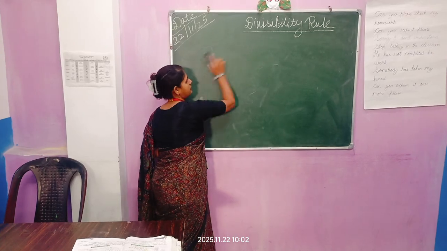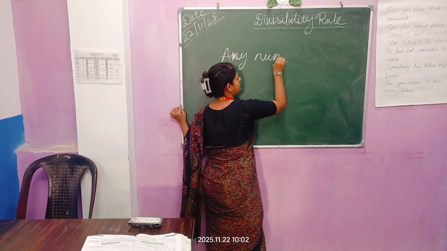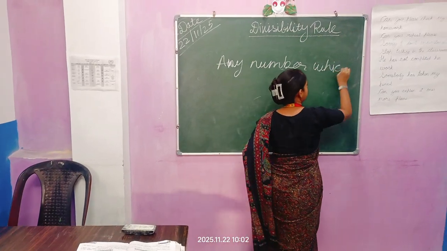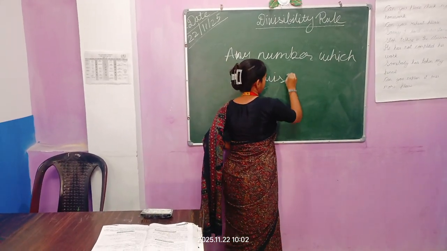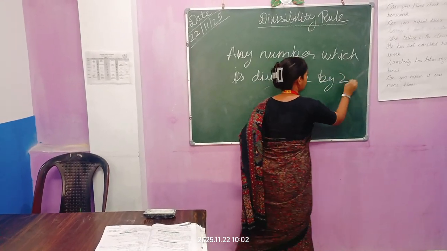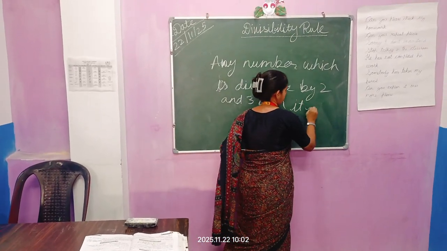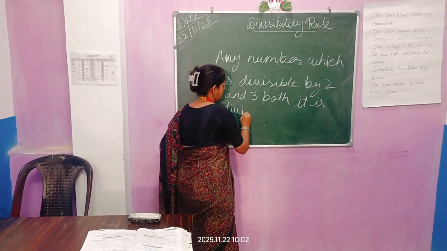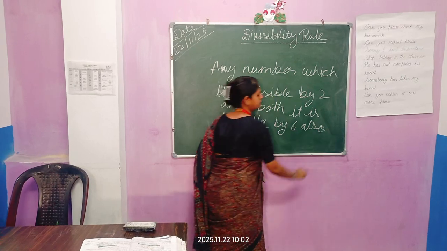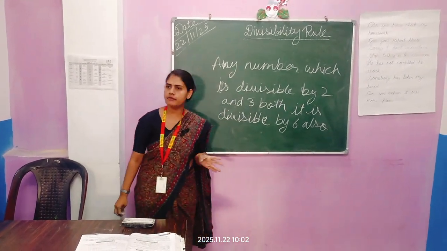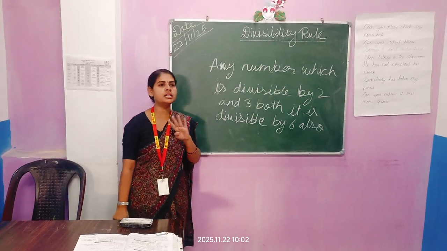Any number which is divisible by 2 and 3 both is divisible by 6 also. If a number is divisible by only 3, not by 2, then it will not be divisible by 6 either.